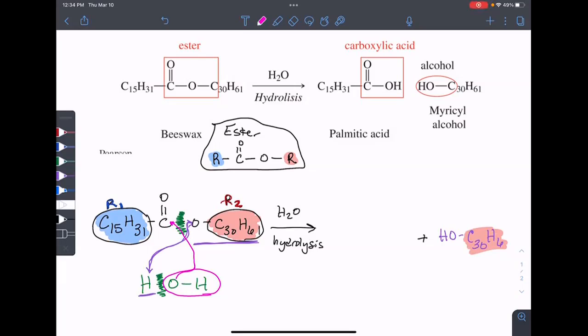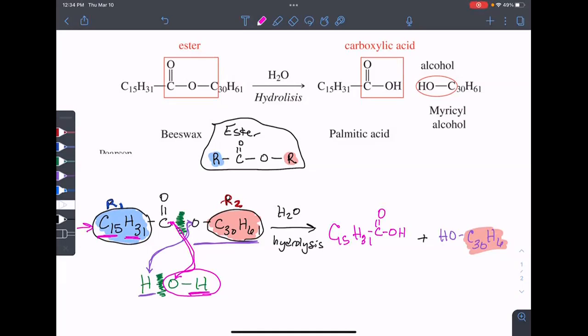So I'm going to write my R1 group. I'm going to start coming in this direction. I'm going to go C15, H31. Then it goes to the carbonyl carbon. Now that carbonyl carbon is going to go and pick up oxygen. And then that oxygen is bound to a hydrogen.